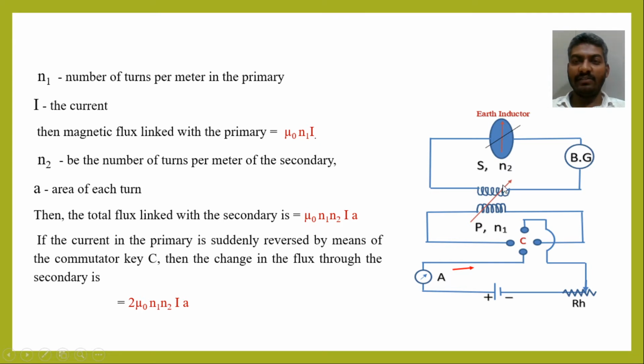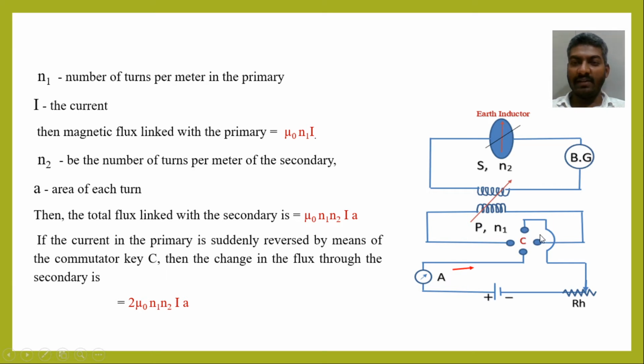And in the secondary circuit, along with this coil, it has the earth inductor, which is connected in series with this ballistic galvanometer. Here S is the secondary coil, N2 is the number of turns per meter in the secondary coil, and in the primary circuit P is the primary coil, N1 is the number of turns per meter.